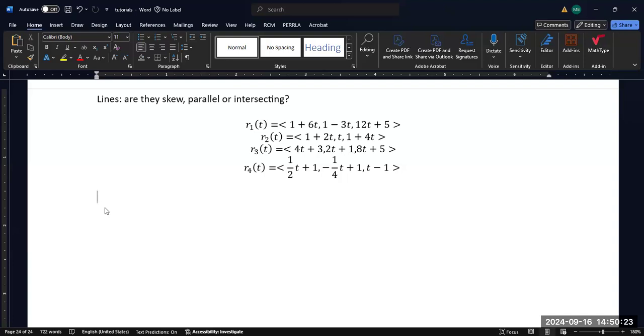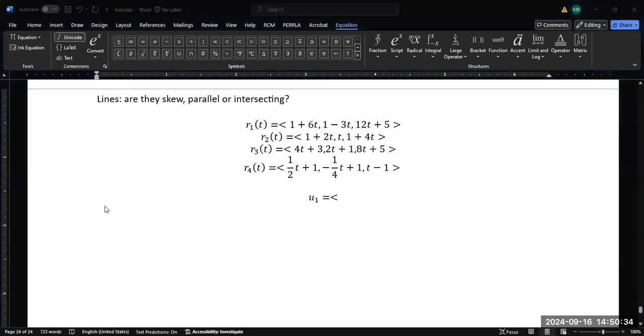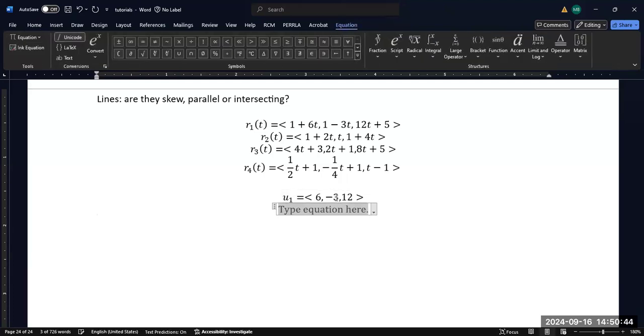So to figure out which ones might be parallel, we're going to start by coming up with our direction vectors. So for the top one, again, these are just the coefficients of t that tell you what the direction is. So in this case, we're going to have 6, -3, 12. And for U2, we're going to have 2, 1, 4.